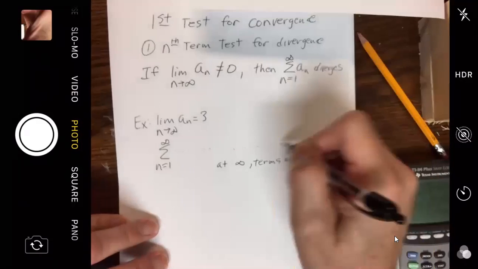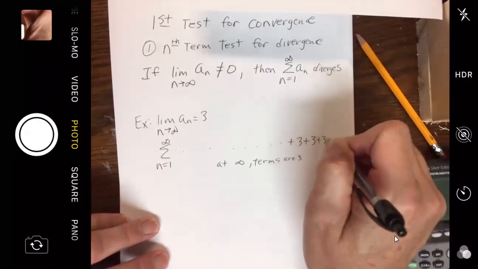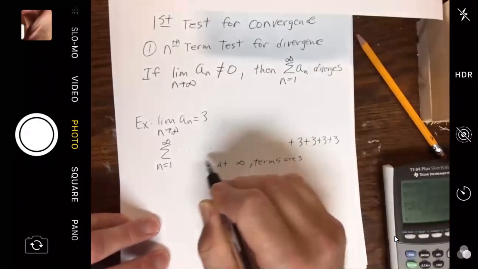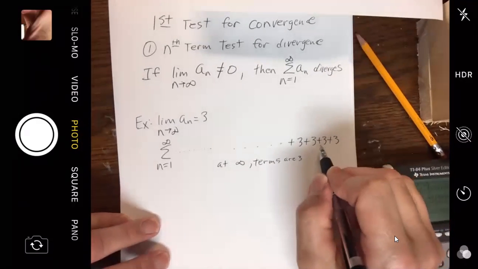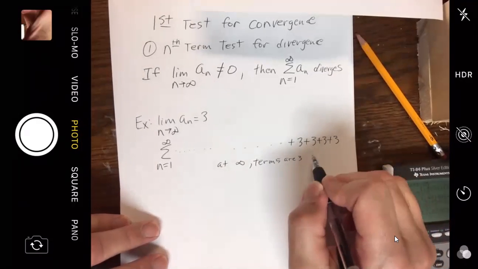So when I get toward infinity, I wind up adding 3 forever. And you see, you just get bigger and bigger and bigger. And you diverge.